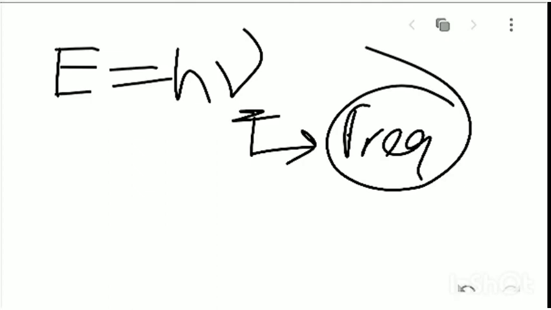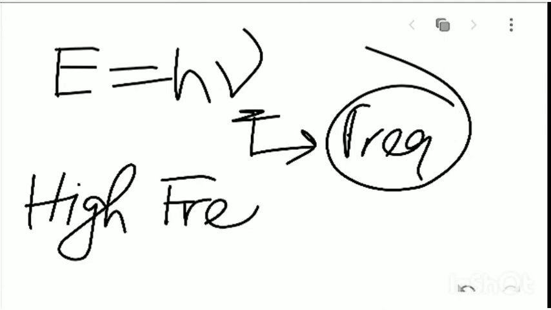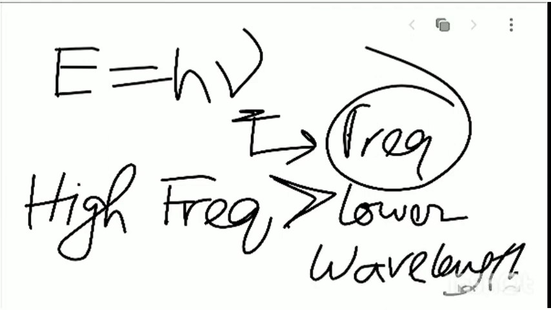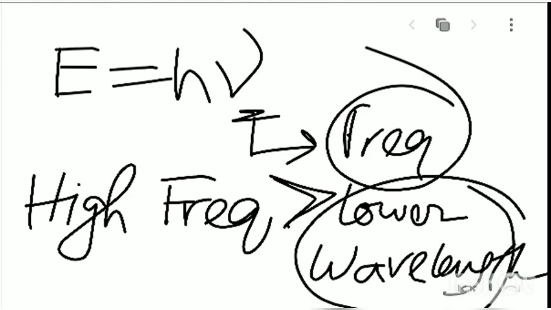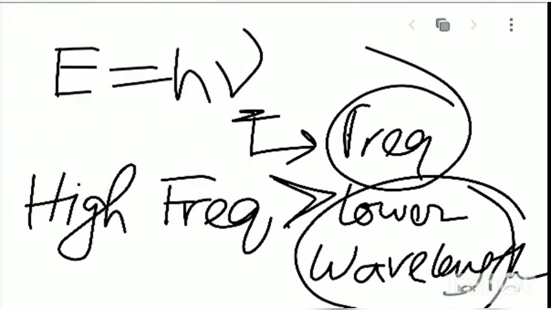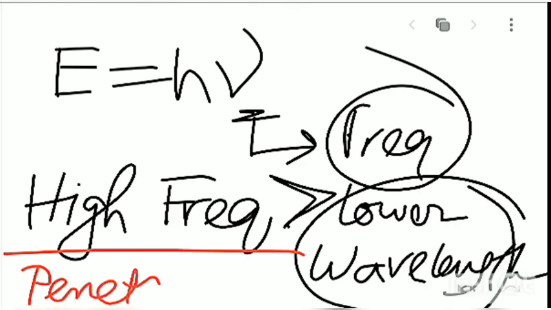That means if I can produce X-rays of higher frequency, that means lower wavelength, since if the frequency is high, the wavelength will be low, then the X-rays will have higher penetrating power.